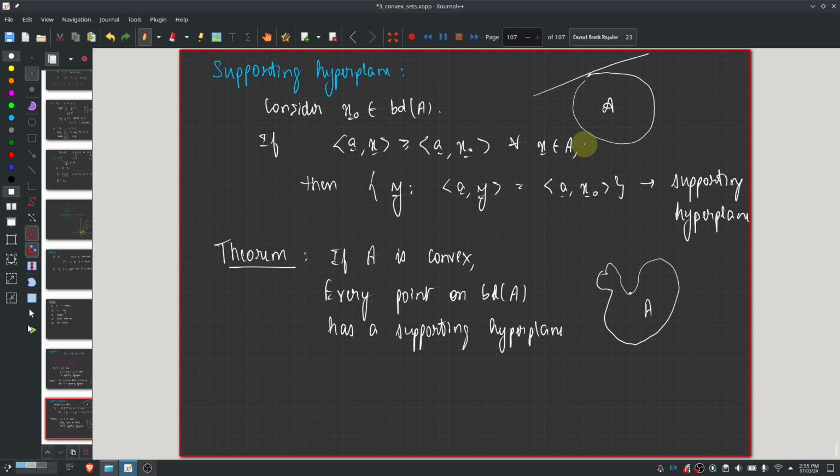So for every point, choose a hyperplane. What do you mean by reflect that point? Take the reflection of that point with respect to the hyperplane. Okay. So that hyperplane is a separating hyperplane for those two convex sets.